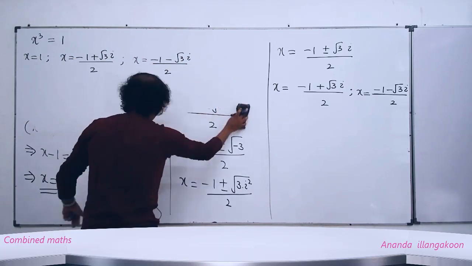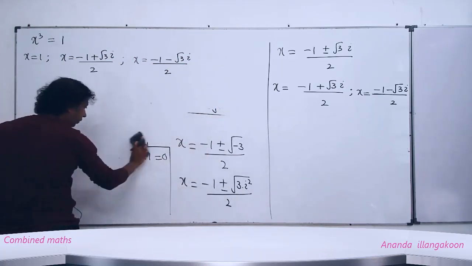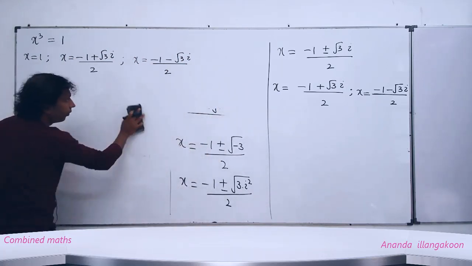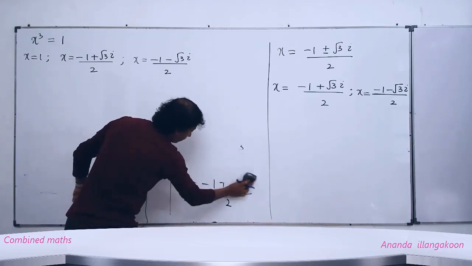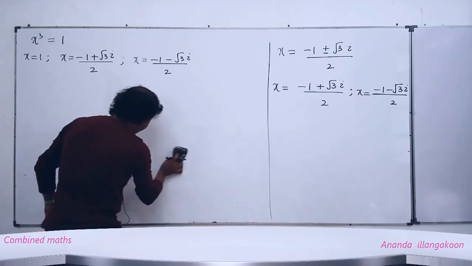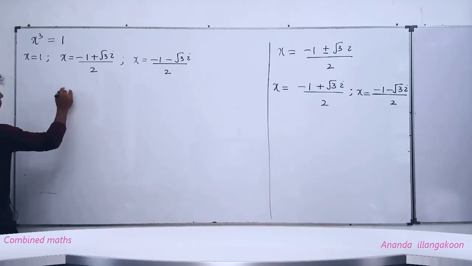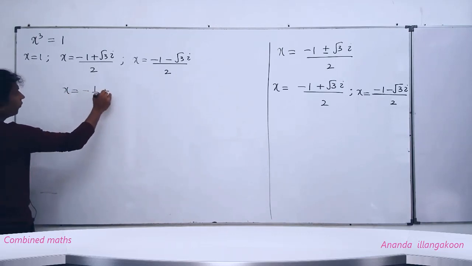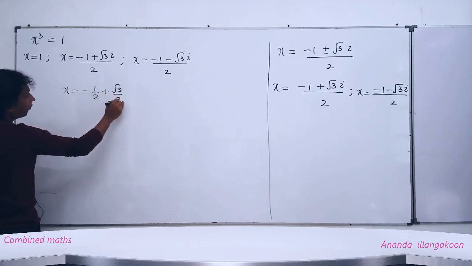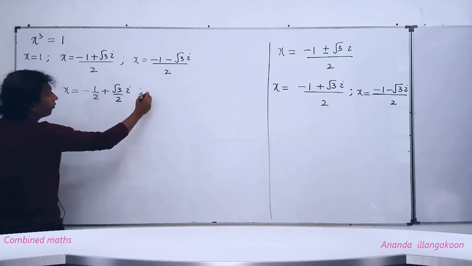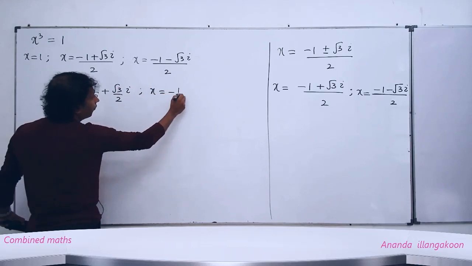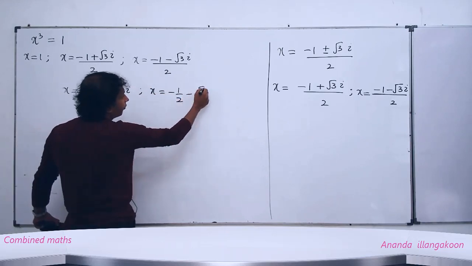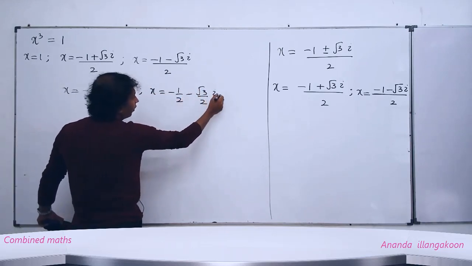Right. The other solutions. Now, I'm going to consider, people, this complex root, dividing by 2, separate these. The other one like this.